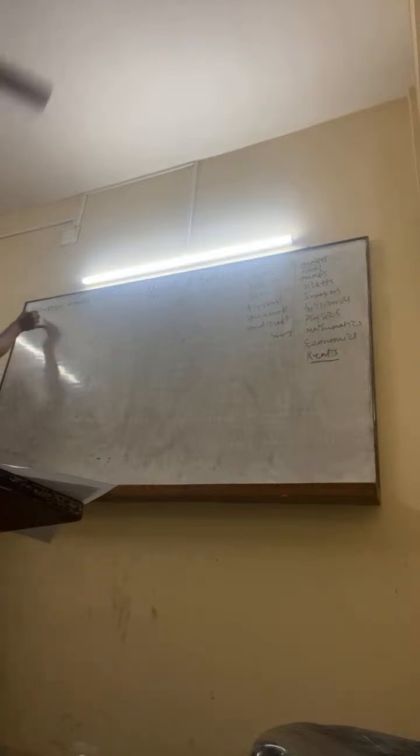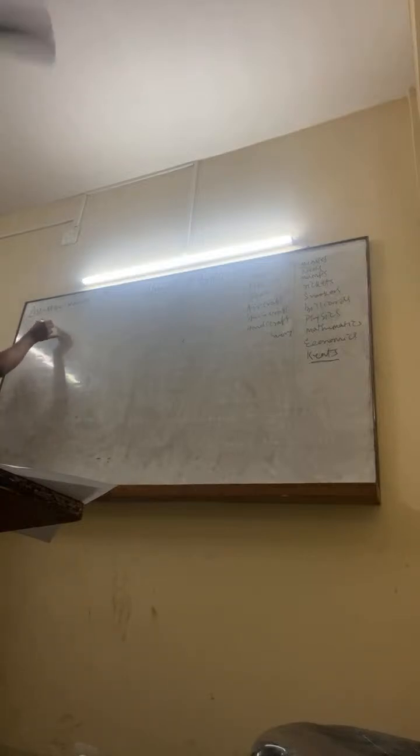In nouns, when we talk about possession, we generally use apostrophe s, right? Let's say I say Raj's recent book. So Raj's recent book indicates what? A recent book that Raj has written, a recent book that Raj has published.